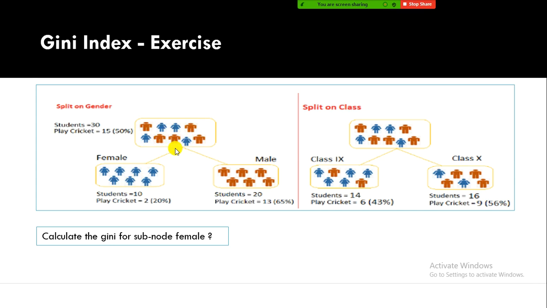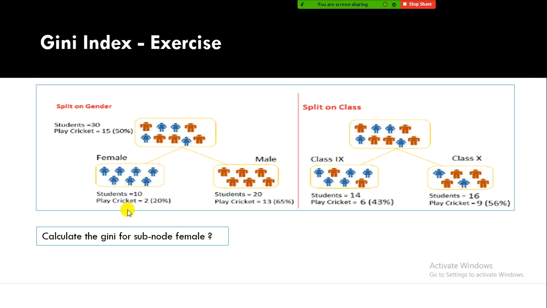Let's assume that way. Okay, and the left side is split. The gender column got split as female and male. In the case of female, 10 students are there. Out of the 10 female students, 2 play cricket.